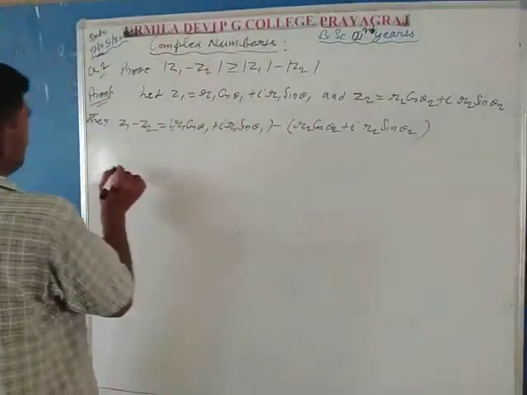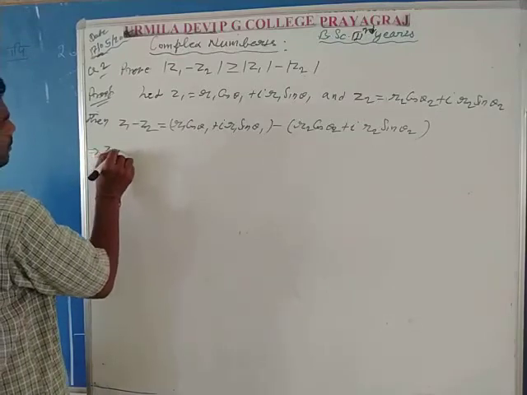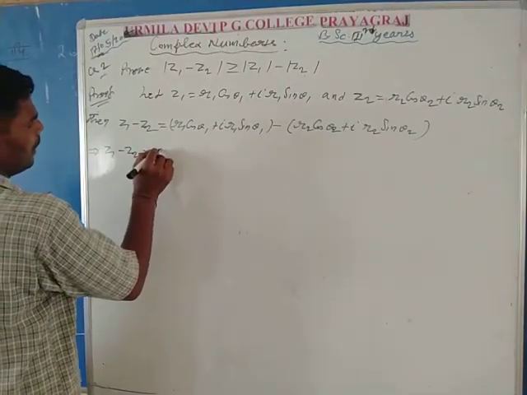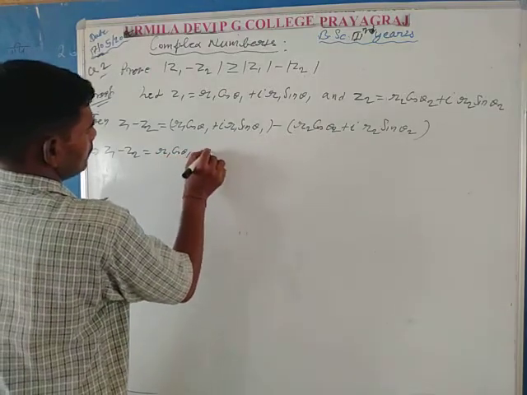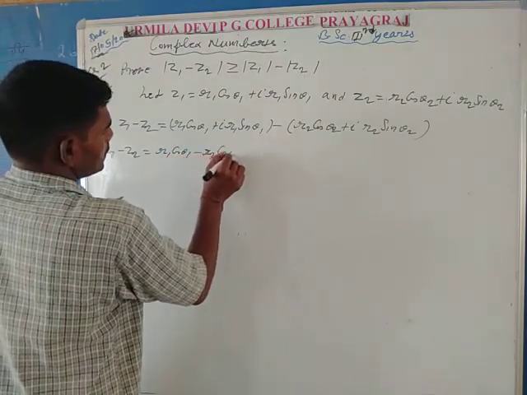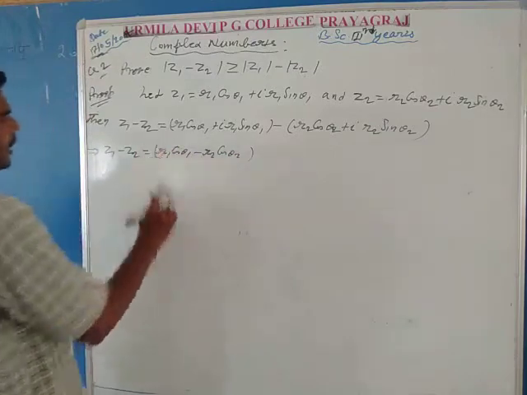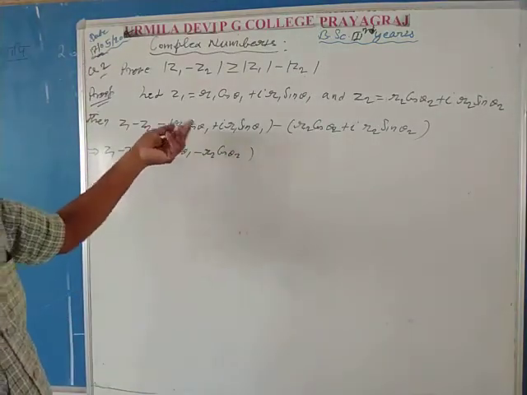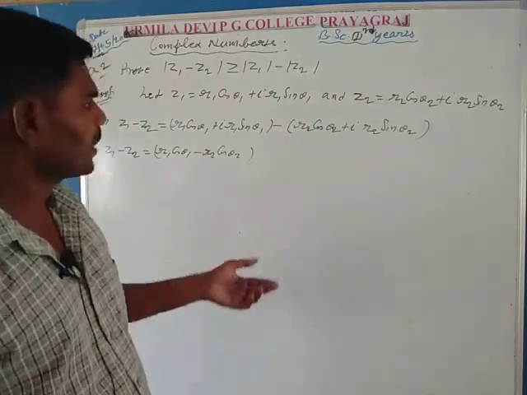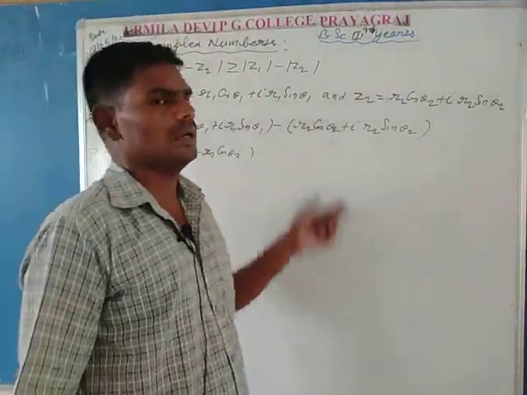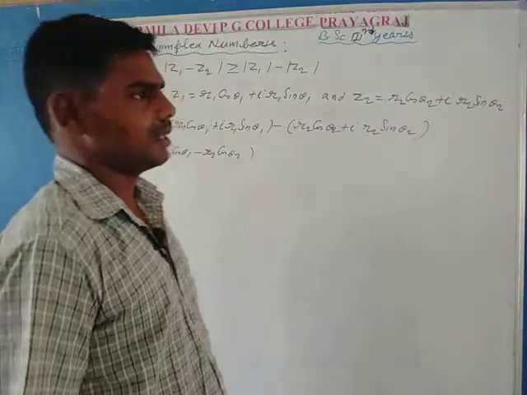So Z1 minus Z2 is equal to R1 cos theta 1 minus R2 cos theta 2 real, because here R1 cos theta 1 is the real part of the first complex number Z1 and R2 cos theta 2 is the real part of the second complex number.